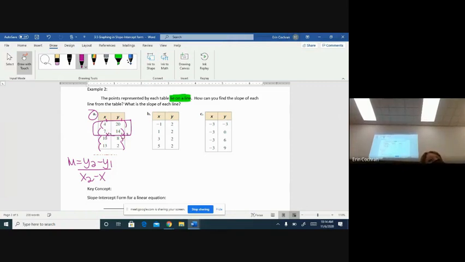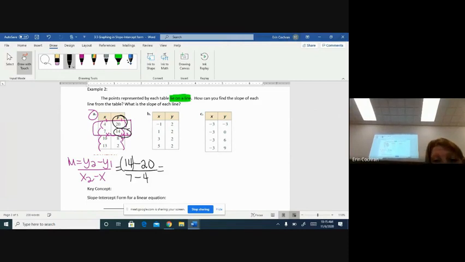Now can we plug this in? What did I label as my y2? 14. Minus, what did I label as my y1? 20. Over, what did I label as my x2? 7. Minus, what's my x1? 4.